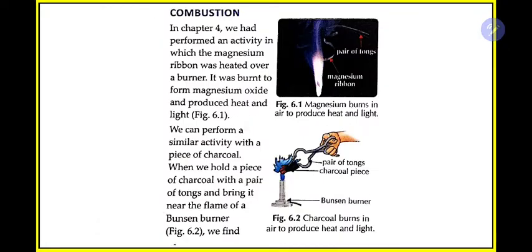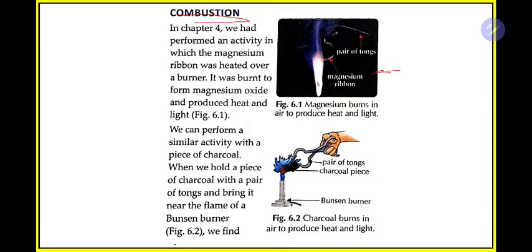So what is actually known as combustion? If you can recall, in the previous chapter, chapter number 4, we did an activity, look at this diagram. We tried to heat a magnesium ribbon.